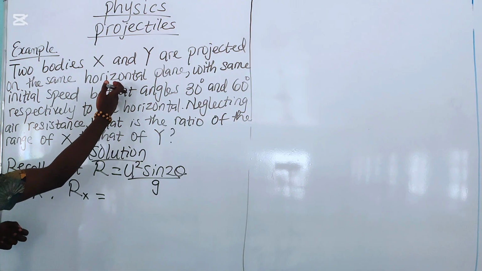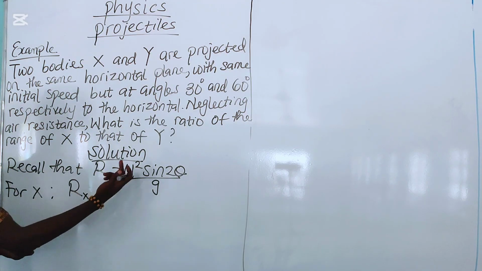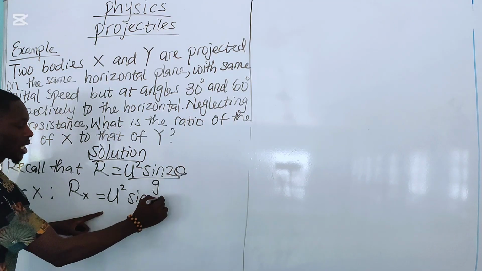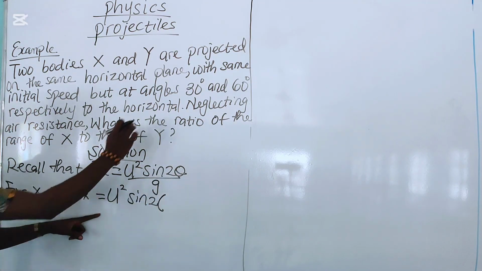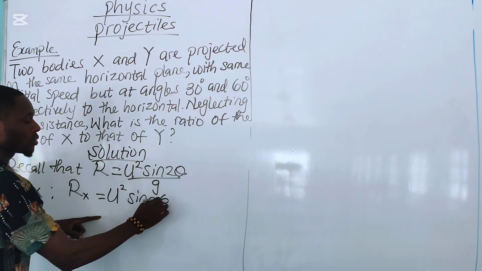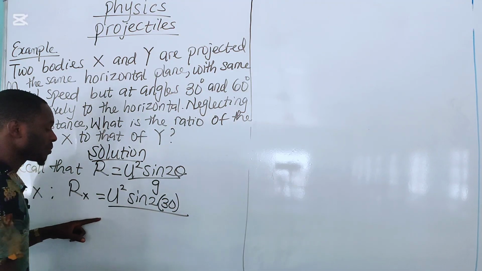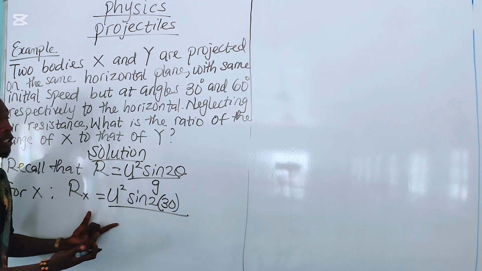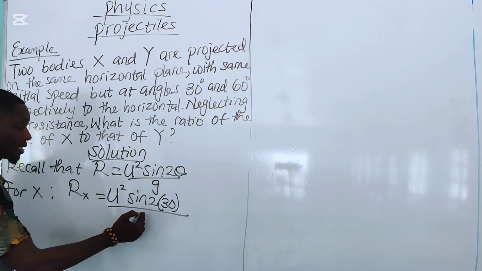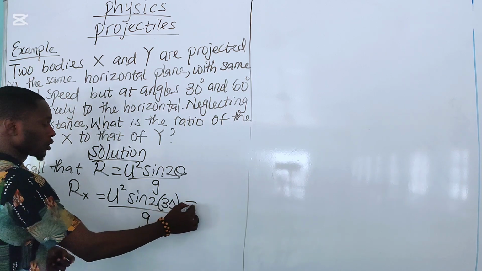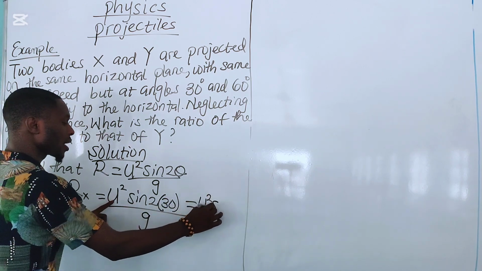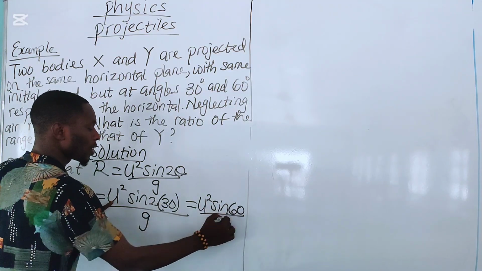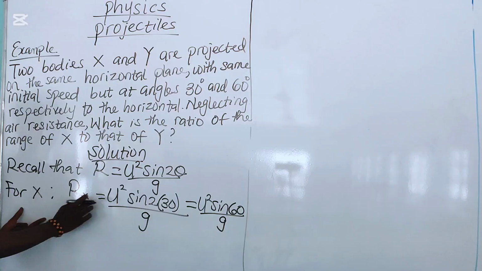We are told that it is the same as that of Y. So let's call it U. So U squared sine 2, now the angle of inclination for X, we are told is 30 degrees. So 2 times 30, then divided by G, which is the acceleration due to gravity. We are still not given the acceleration due to gravity, so let's still leave it at G. So that is going to give us U squared sine, 2 times 30, which is 60, over G. So that is for X.